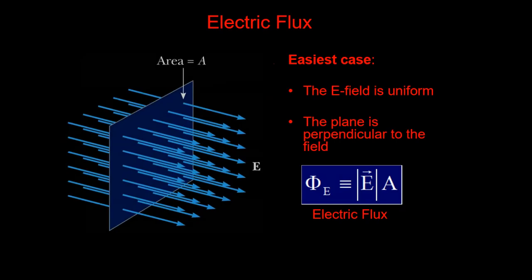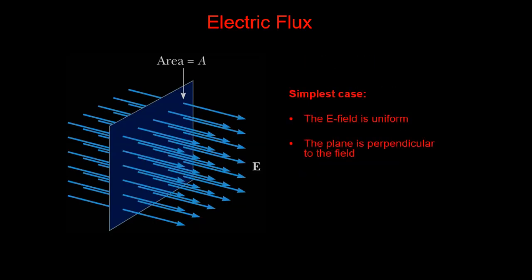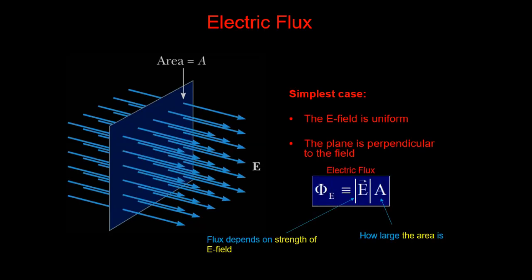So the easiest case is where we say the electric field, which I will always present you with a uniform electric field, is uniform, and the plane is perpendicular to the field. That means it's standing up in it. Its area is oriented 90 degrees to the field. And that's really the simplest case. So our electric flux, phi, is equal to EA, depends on the strength of the field here and the area.